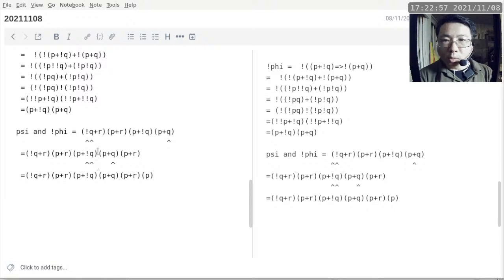And at this point, this cannot resolve with anything else. This one cannot resolve with anything else. This one cannot resolve with anything else. This one cannot resolve with anything else.